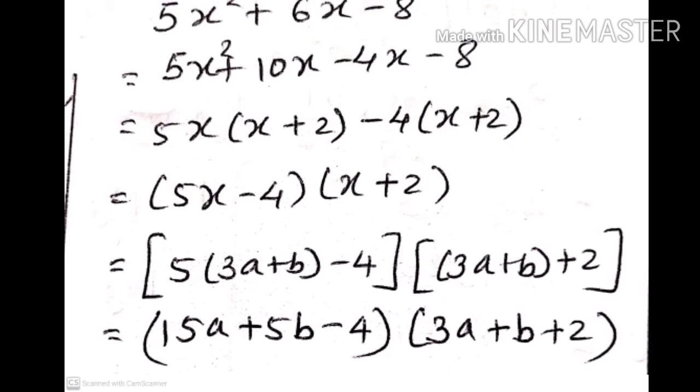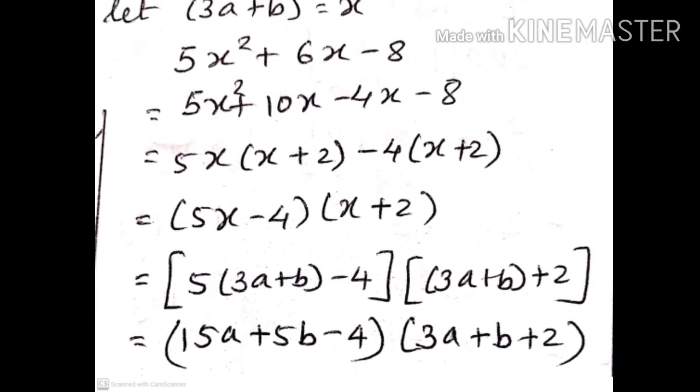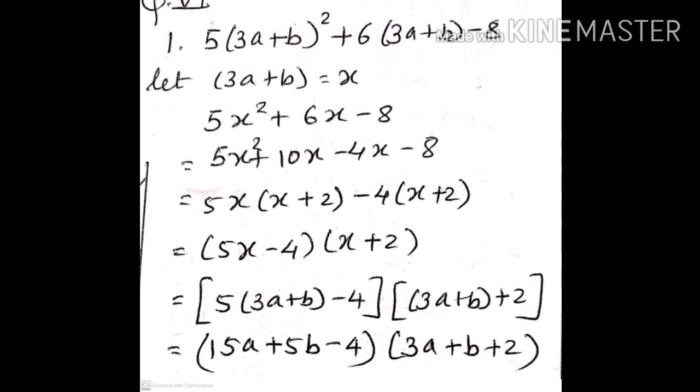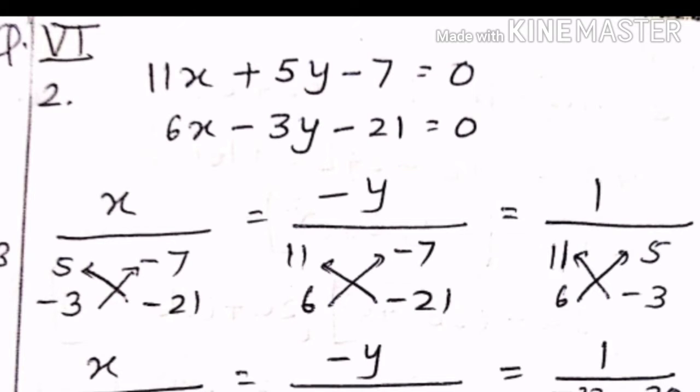The next question is on simultaneous linear equations, using the cross multiplication method. Students, first of all you have to check whether the constant terms are on the left hand side or the right hand side. Here it is already given on the left hand side, so we skip our first step.